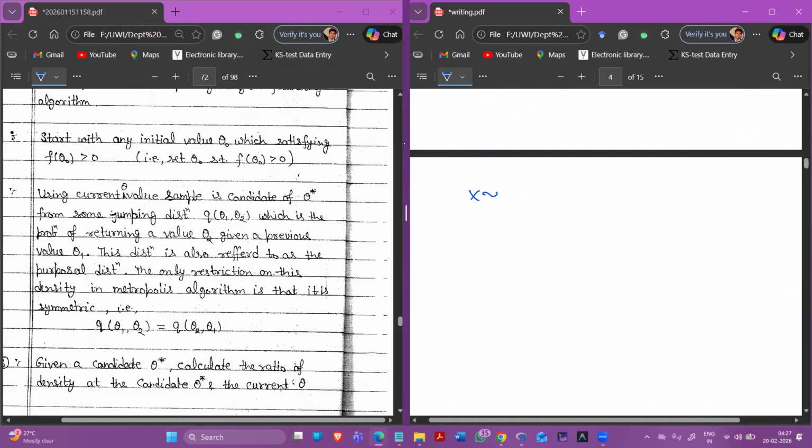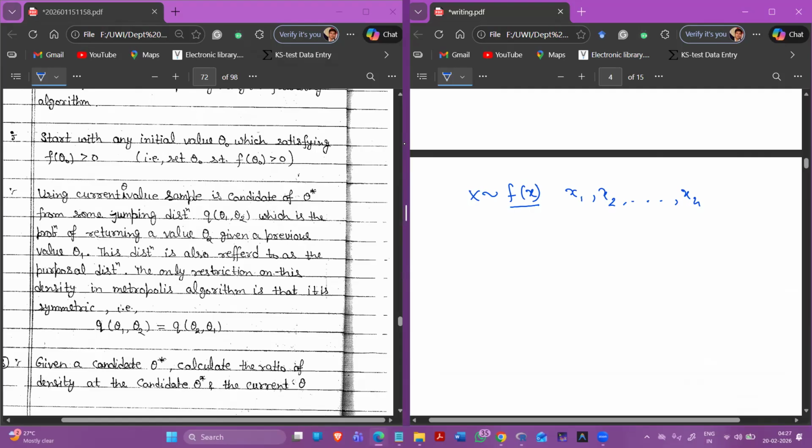My x follows the fx distribution, right? I am not able to generate the values x1, x2, ..., xn directly from fx.